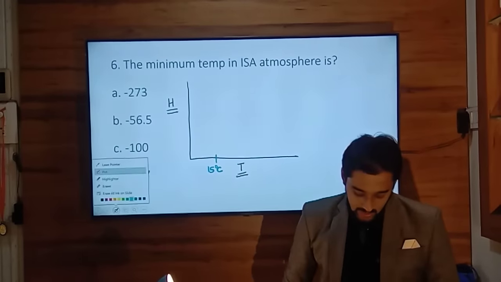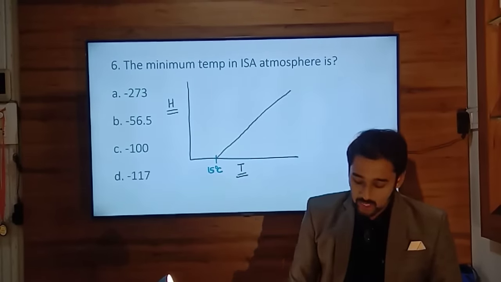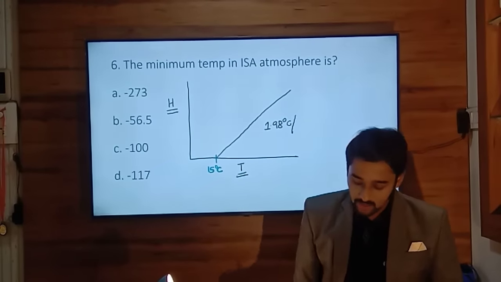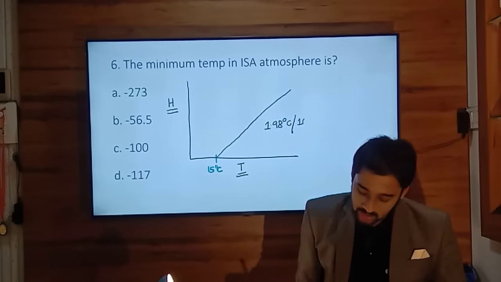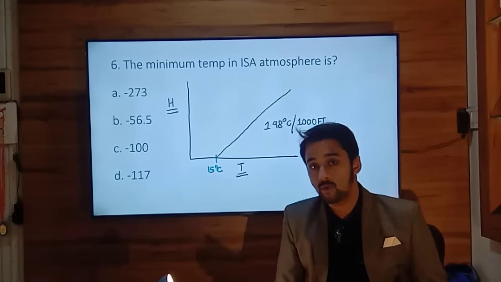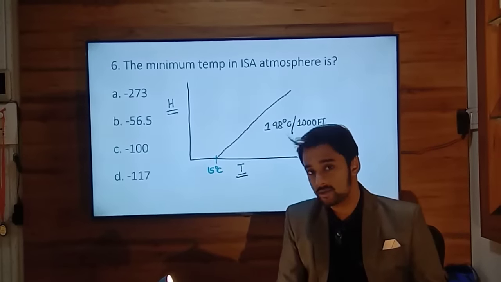ISA says the temperature will decrease at a rate of 1.98 degrees Celsius every 1000 feet. But this lapse rate, lapse means what? To fall back. So this fall in temperature with increase in altitude is 1.98 Celsius every 1000 feet.